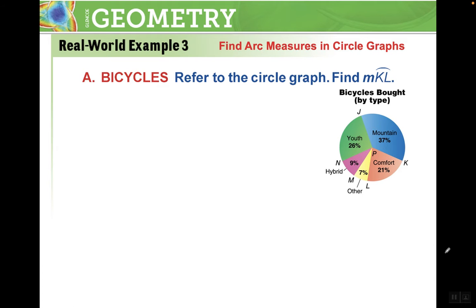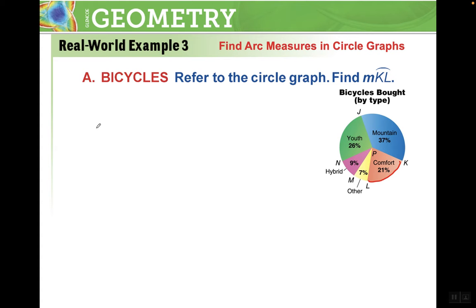It says, refer to the circle graph and find the measure of arc KL, which is this right here. Okay, so this is 21%, not 21 degrees, but 21%. And we can find out how many degrees it is because we know a whole circle is 360 degrees.